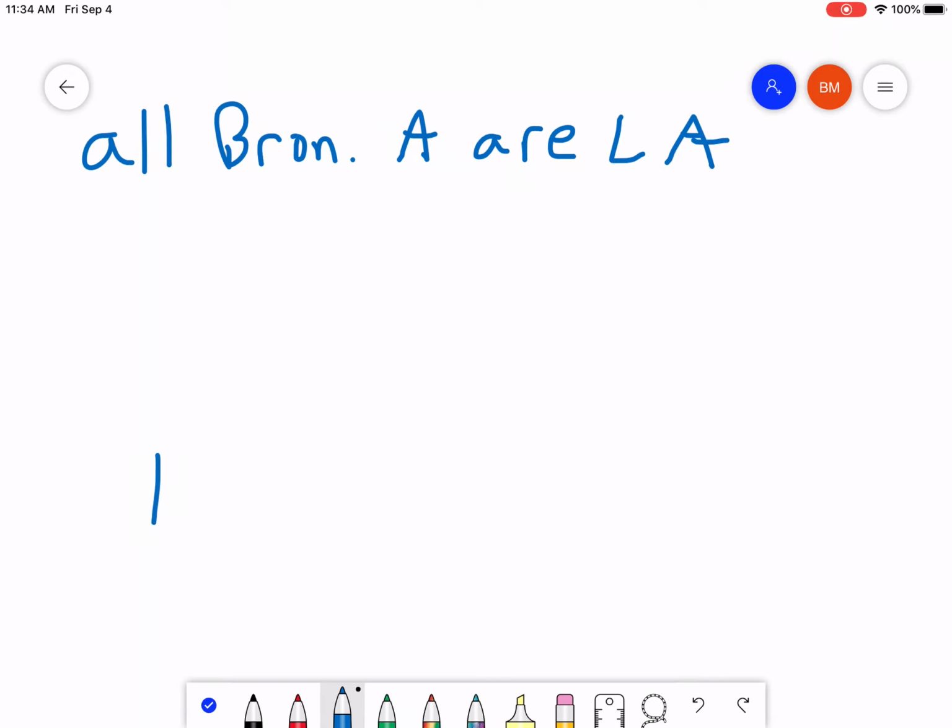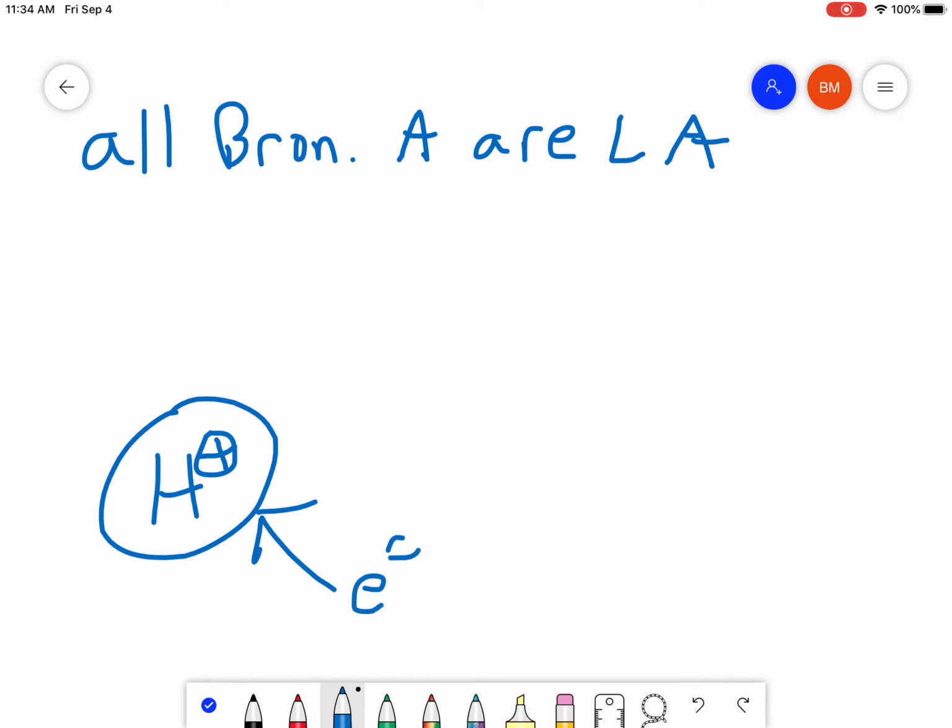So all Bronsted acids give up H+. By definition, H+, what does it want to bond with? It wants to bond with electrons. It wants to accept electron pairs. So this guy right here is an electron pair acceptor. So anything that's a Bronsted acid is also going to be a Lewis acid.